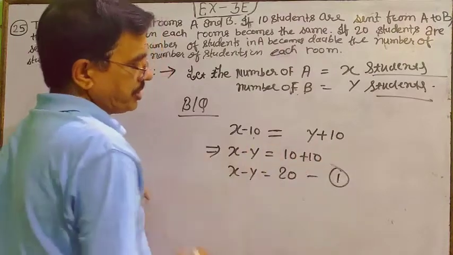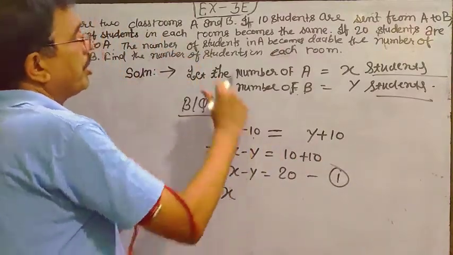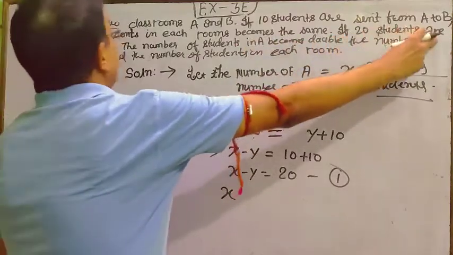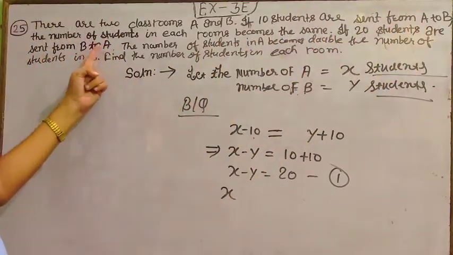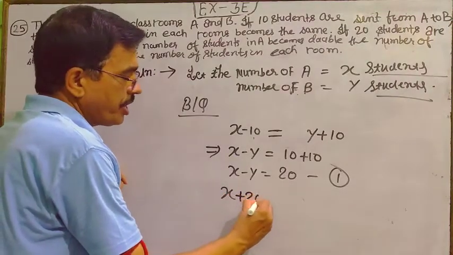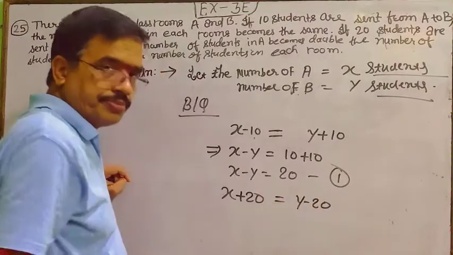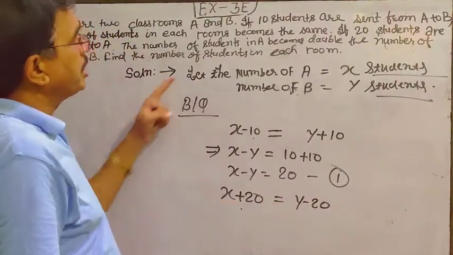It is the first equation. Similarly, now the second, read carefully. If 20 students are sent from B to A, that means in A 20 students increase, but in B 20 students reduce. But here the condition is changed.